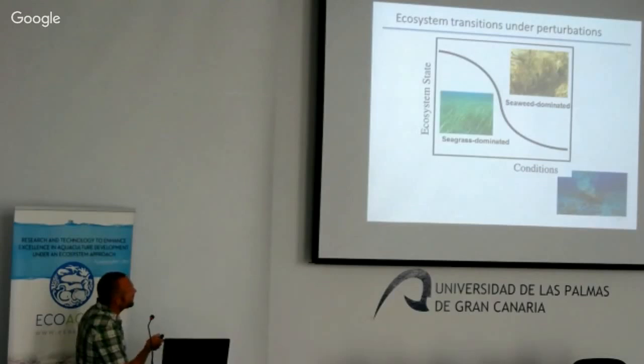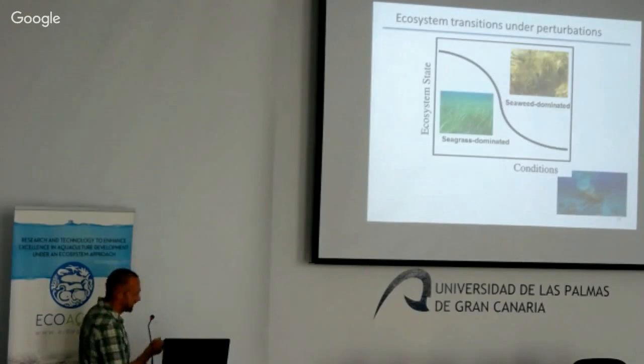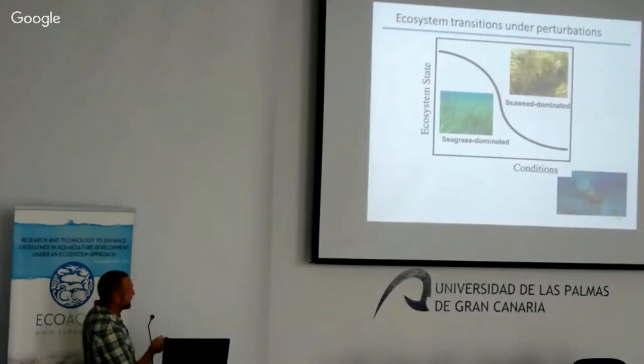For example, when there is a deterioration in the condition of the environment, these seagrass meadows can shift towards an alternative state which is dominated by seaweed. So for example, when there is a deterioration associated with an increase in nutrients, sedimentation, and turbidity, we know that the ideal ecosystem state, which is dominated by seagrasses, shifts towards a state that is dominated by seaweeds.